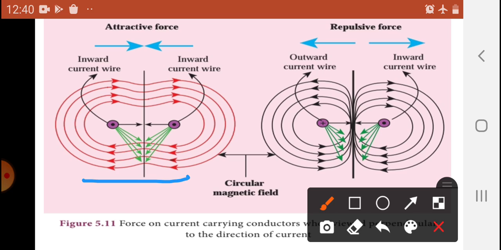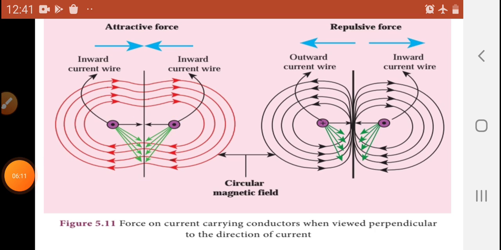We have to consider these two points. Both currents are inward, so that is attractive force. In the other, that is repulsive force, because one wire carries outward current and the other carries inward current.